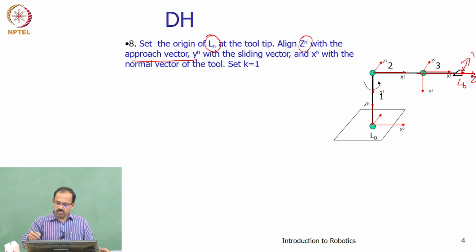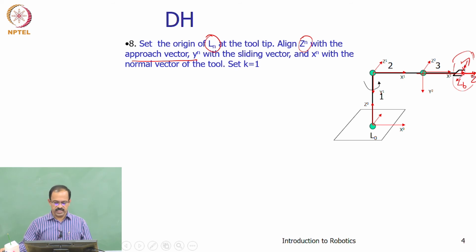This way the last coordinate frame will be decided based on the approach vector, sliding vector and the normal vector. So z, y and x will be approach, sliding and normal vector. That will be decided based on that, no other rule. Till then, we follow the rules we discussed, and the last one will be assigned like this.